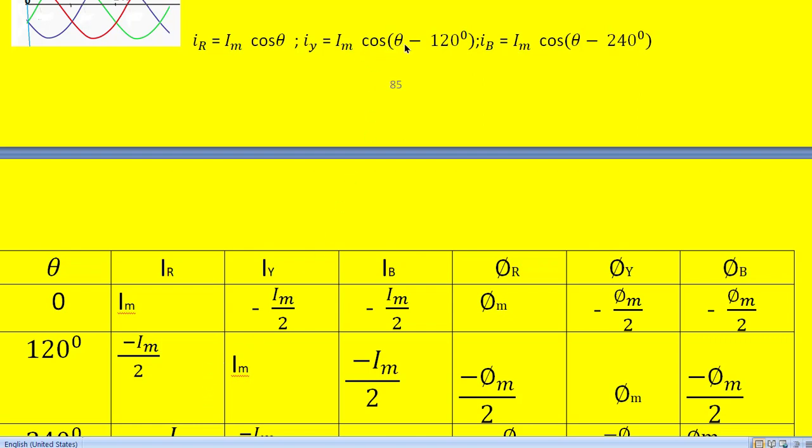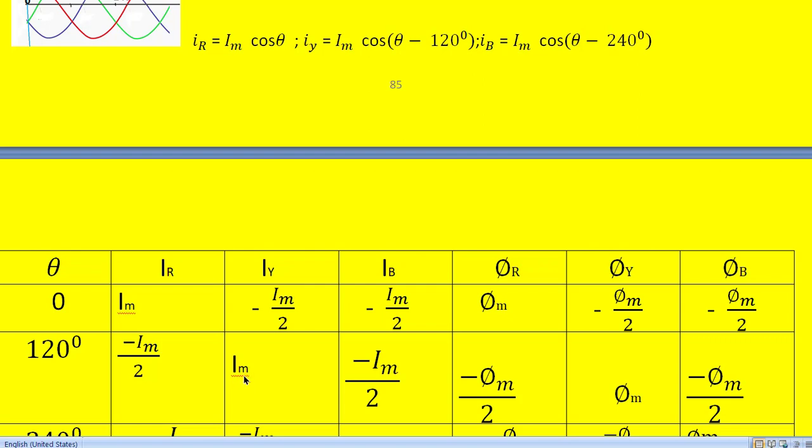At theta equal to 120 degrees, for Iy it is like this: Im into cos of 120 minus 120. So we get Im cos 0, and cos 0 is 1. So the Iy value, that is the Y phase current value, is maximum. So we write at 120 degrees Iy value is Im.